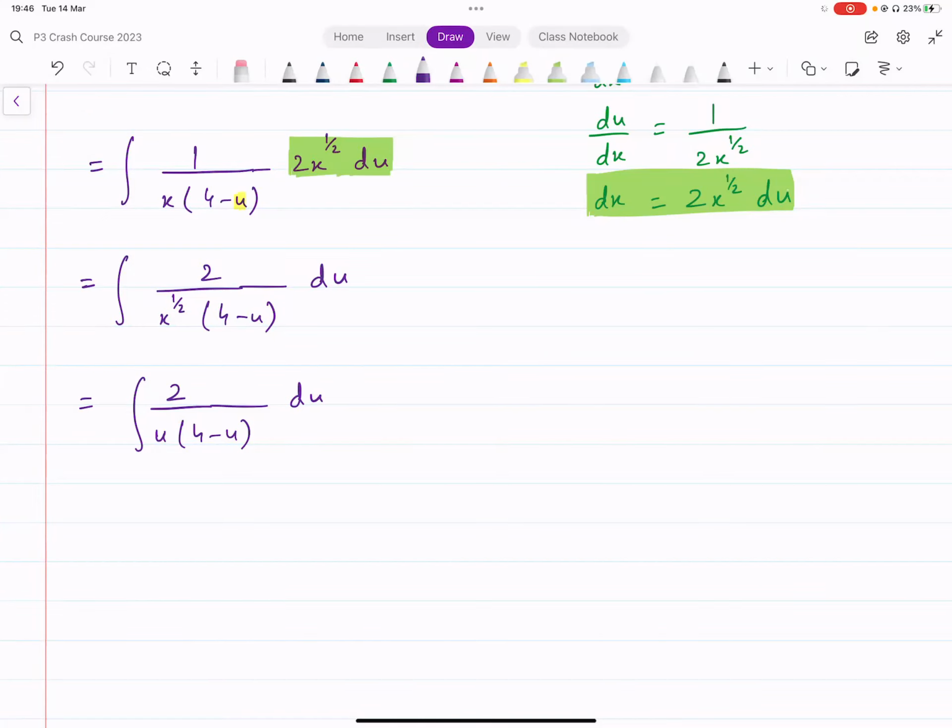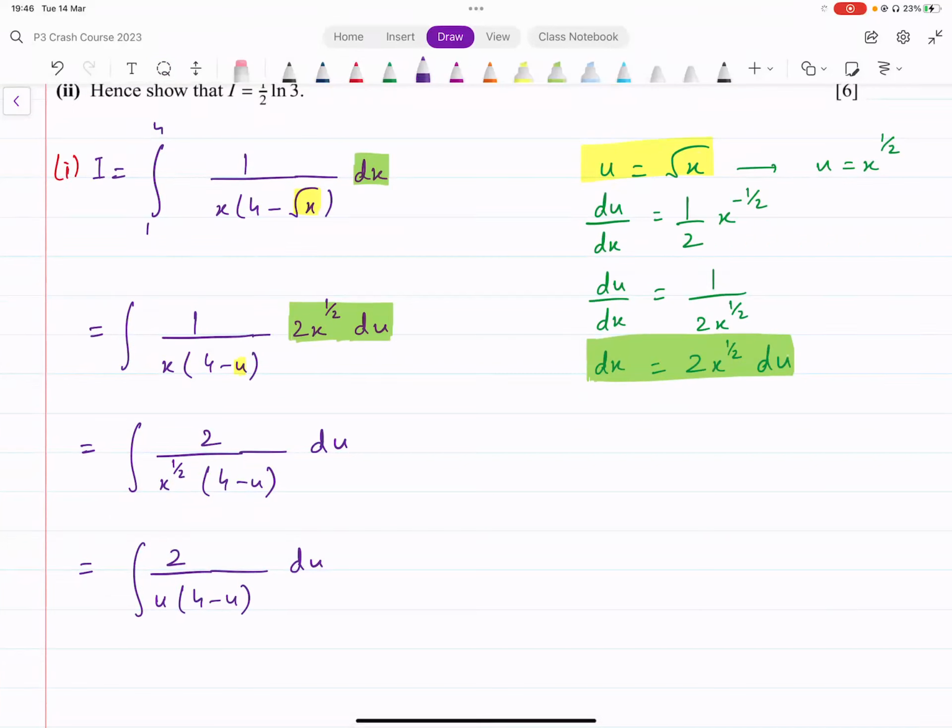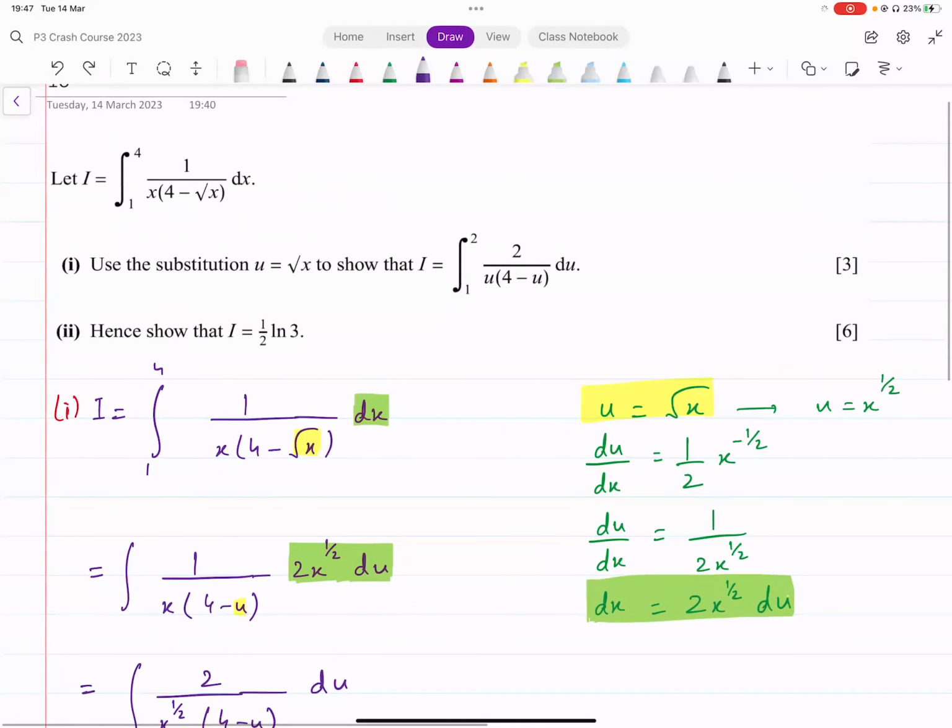Now, why are we not writing limits here? Remember, the limits that we were given here from 1 to 4 are limits of x. We have the original integral in terms of x, so the limits are also in terms of x. So it's x equals 1 to x equals 4.